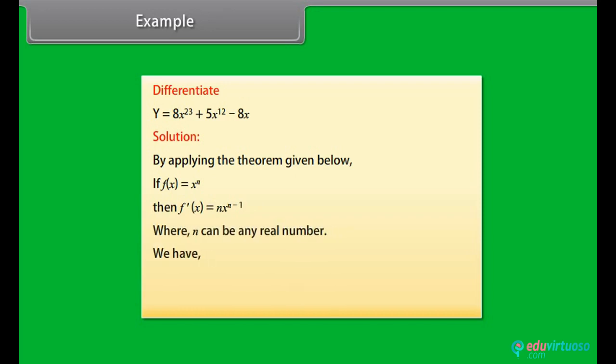We have y dash is equal to 8 into 23x raised to power 23 minus 1 plus 5 into 12x raised to the power 12 minus 1 minus 8. y dash is equal to 184 into x raised to power 22 plus 60 into x raised to power 11 minus 8.